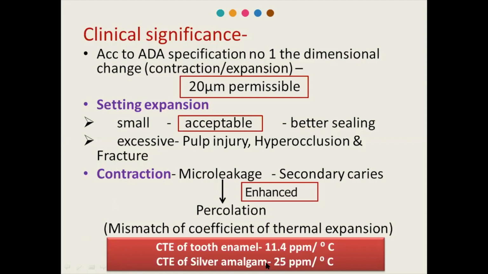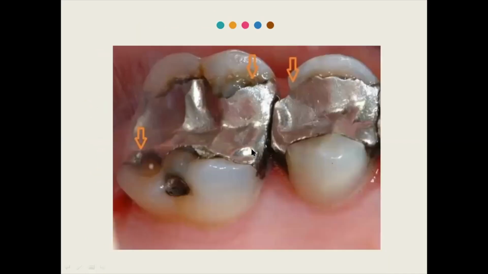It is almost more than double that of tooth enamel. Because of these differences also, microleakage occurs. This is the development of secondary caries. You can see here, because of the microleakage, all this blackish area is developed secondary caries.